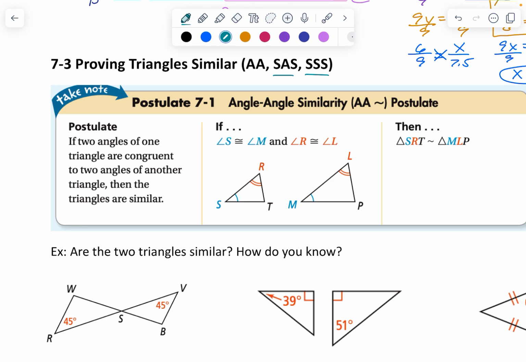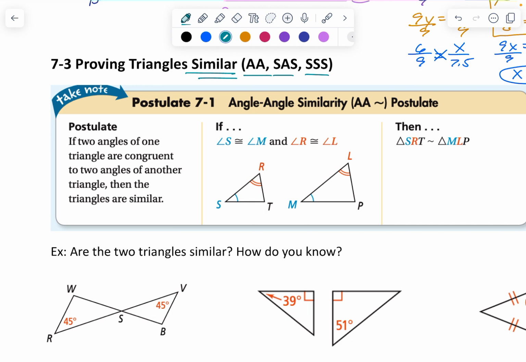And when we proved triangles congruent, we had SSS, SAS, ASA, AAS. Yes, all those ways we could prove. So proving triangles similar, there are 3 ways: AA, SAS, and SSS.